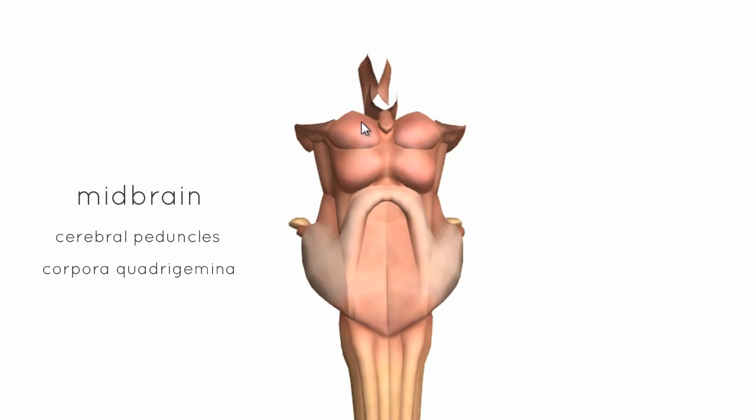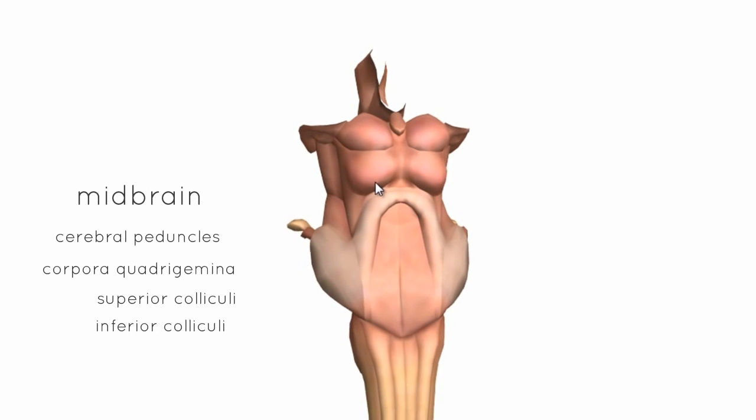This is Latin for quadruplet bodies, because obviously there's four little bumps. The top ones are called superior colliculi, and the bottom two are called inferior colliculi. The word colliculi is Latin for lower hills, because of their appearance.